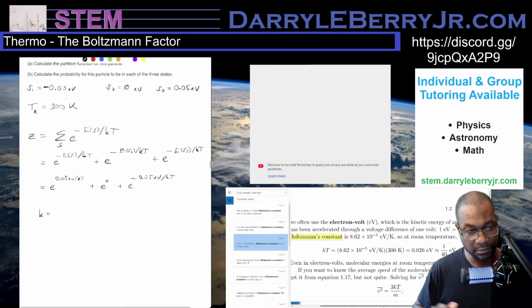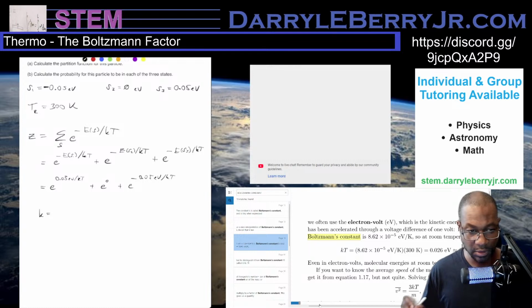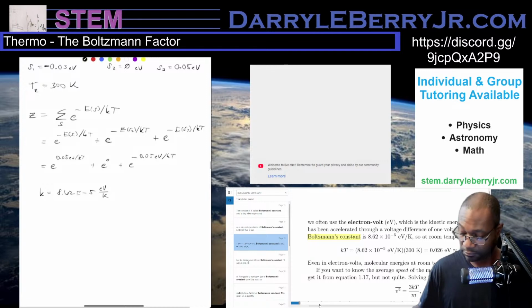Because we can see that the Boltzmann constant in one form is 8.62 times 10 to the negative 5 electron volts over K. And in our problem, T is 300.